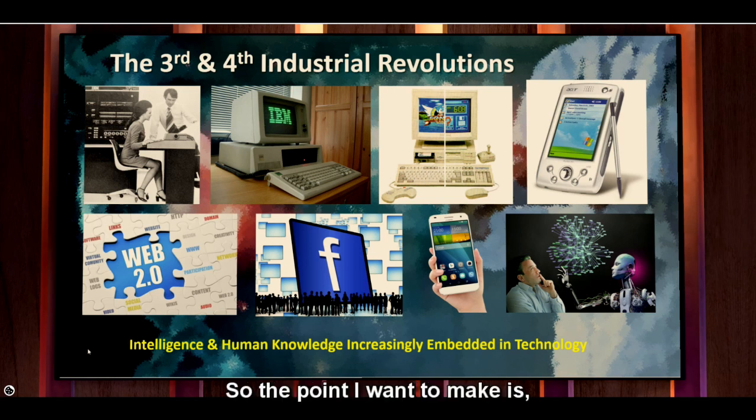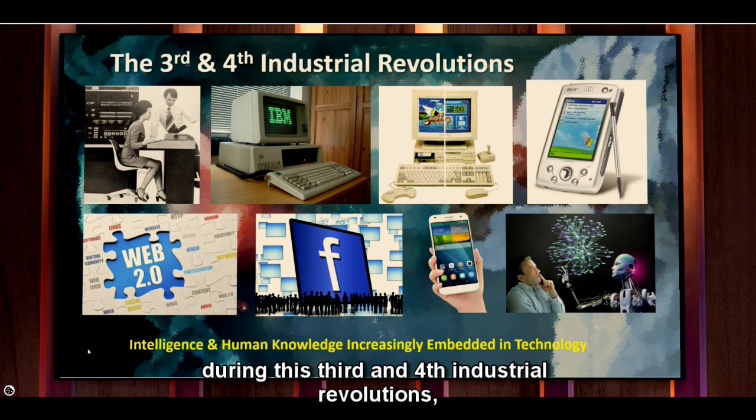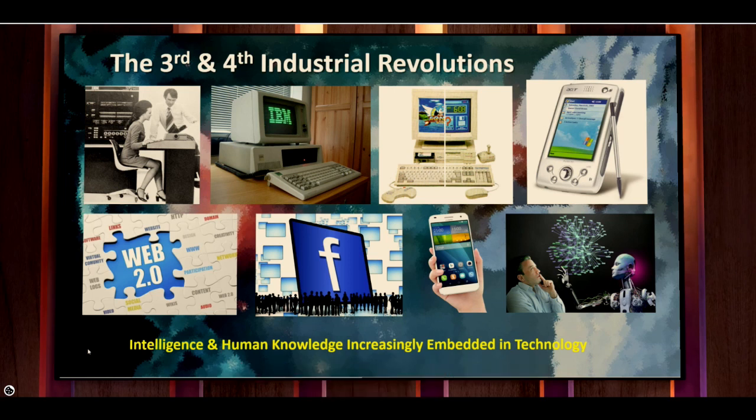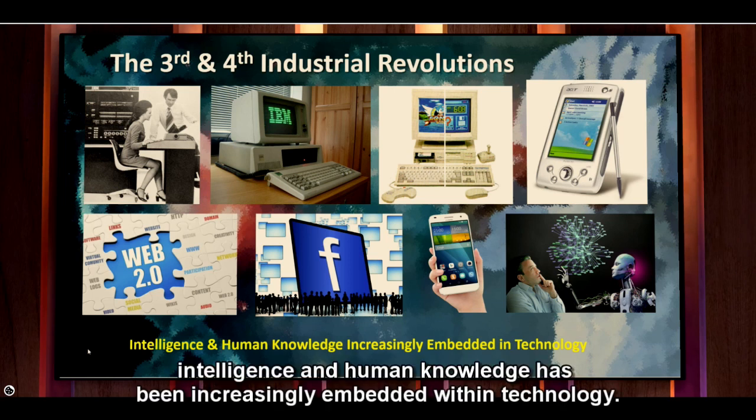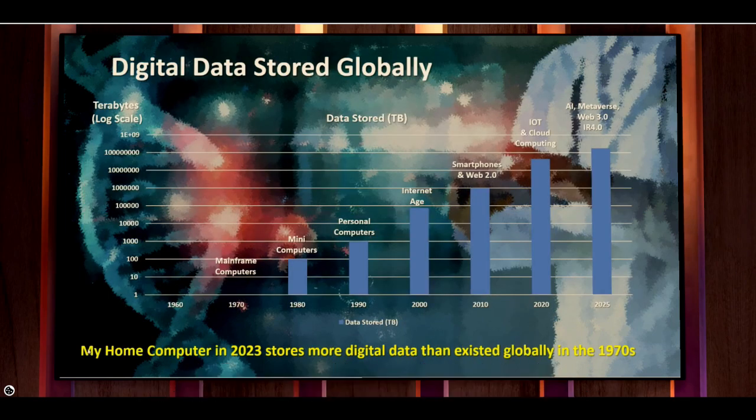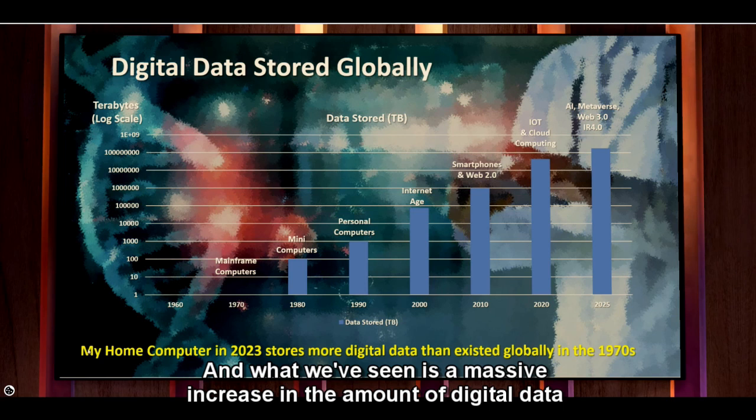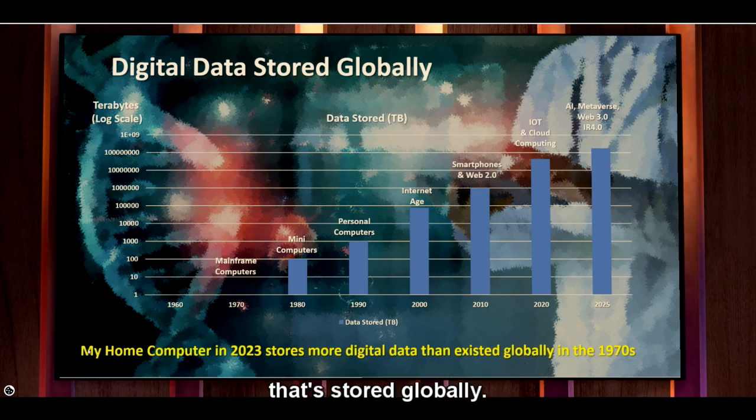So the point I want to make is that during this third and then fourth industrial revolutions, intelligence and human knowledge has been increasingly embedded within technology. And what we've seen is a massive increase in the amount of digital data that's stored globally. In the 1970s, looking at data storage in terms of terabytes, it was virtually negligible.